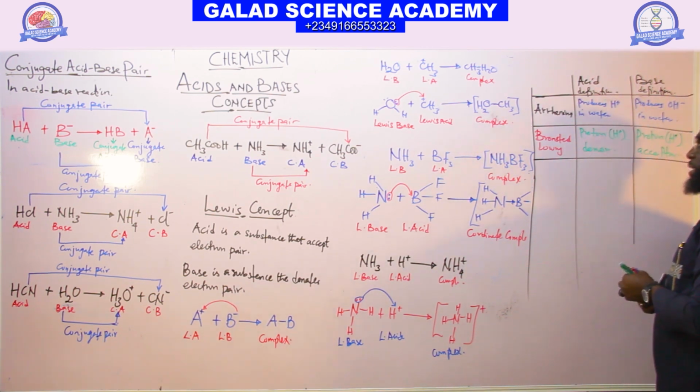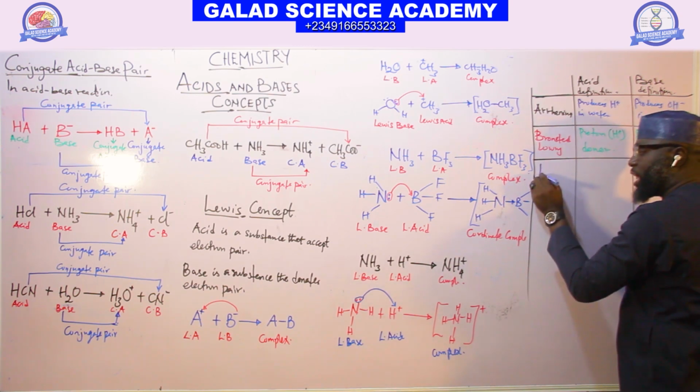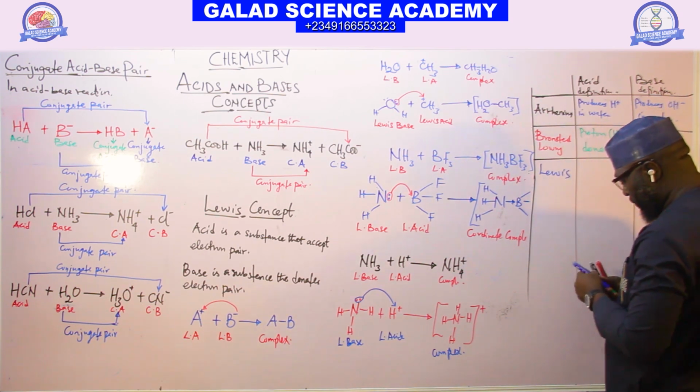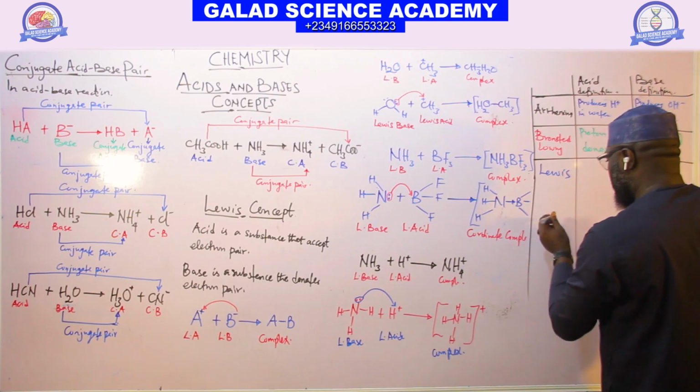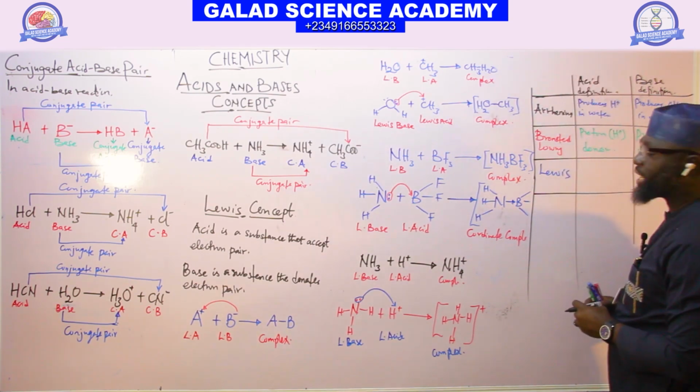And the last man is Lewis. His theory is more powerful than Bronsted and Arrhenius.